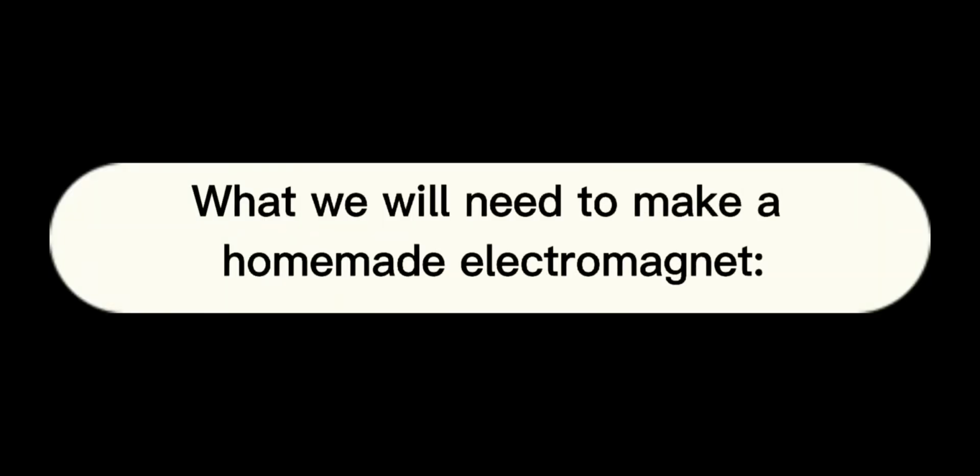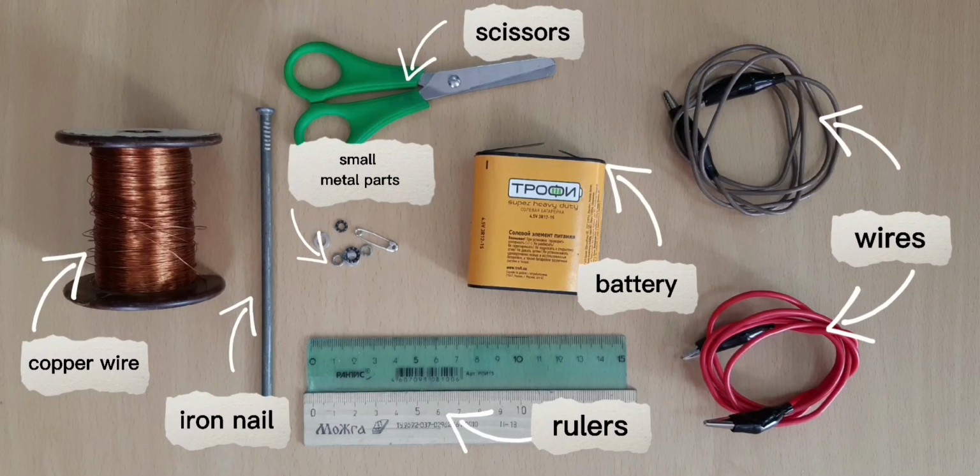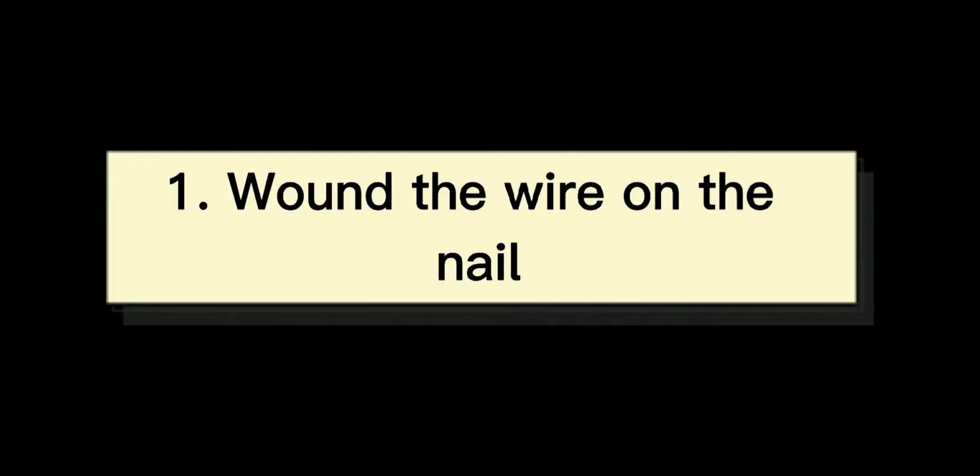What we will need to make a homemade electromagnet. To do this, we will need a copper wire with insulating material, 4 iron nails, paper clips, small metal parts, rulers, a battery as a power source, and wires. First point, wind the wire on the nail.